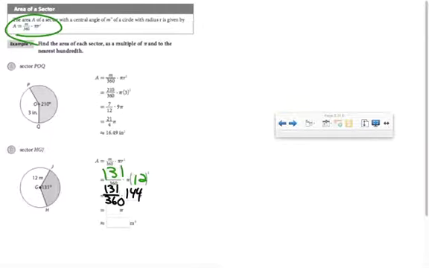And 131 times 144 divided by 360 is 52.4 times pi. And when I evaluate that, I get 164.5.